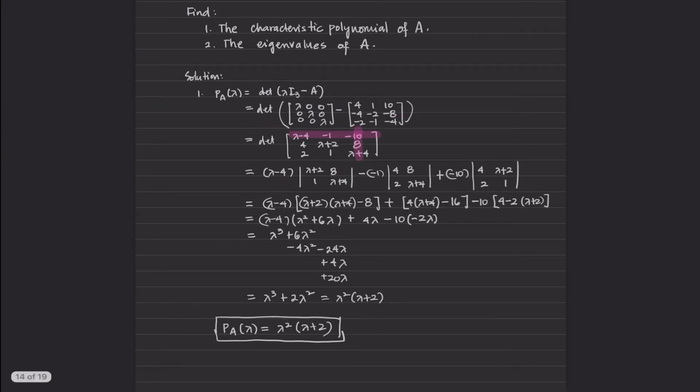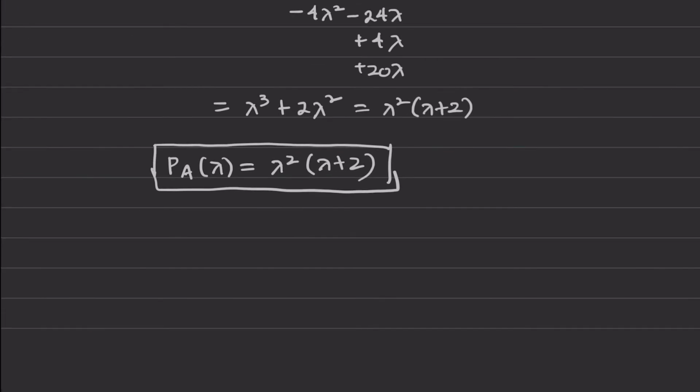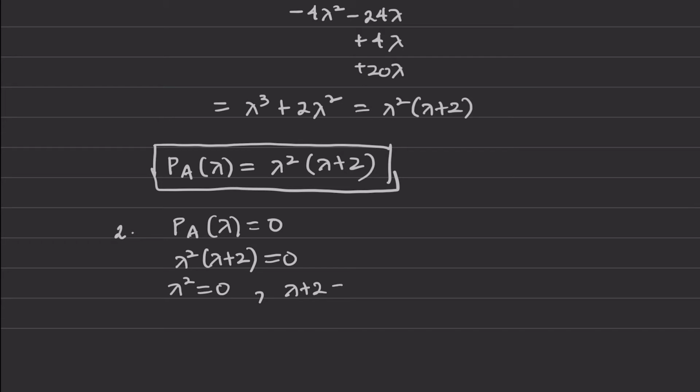So, next naman yung eigenvalues of A. So, to compute for the eigenvalues of A, i-compute nyo lang ito. So, lambda squared times lambda plus 2 is 0. So, lambda squared is 0. Lambda plus 2 is 0. So, lambda is 0.